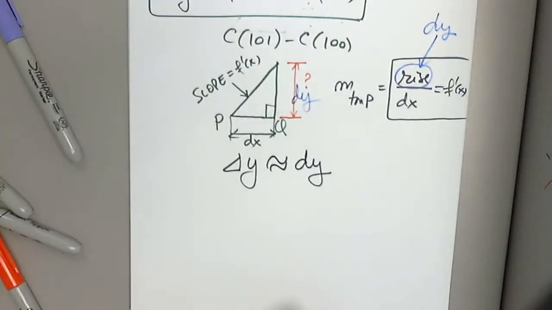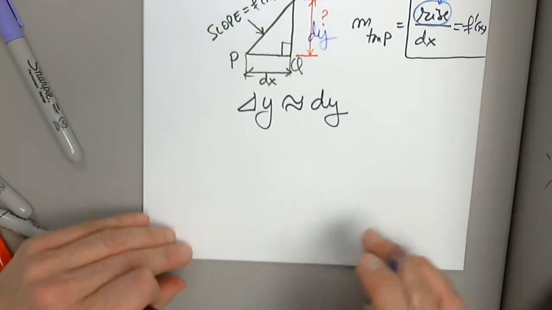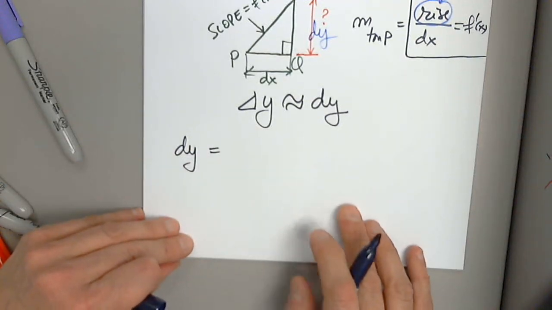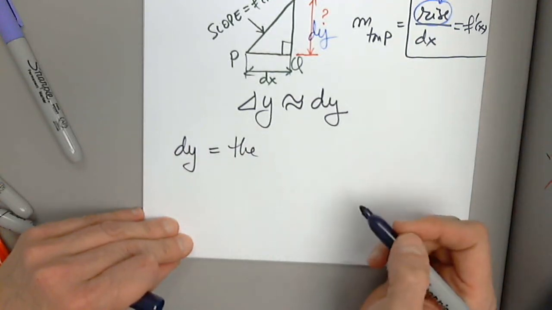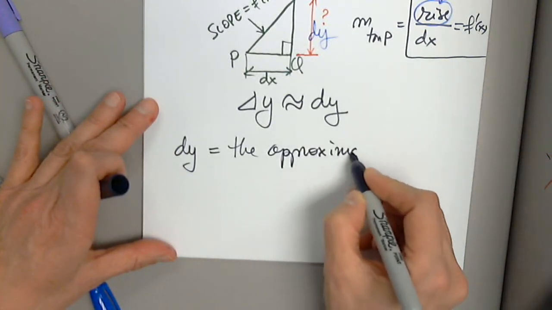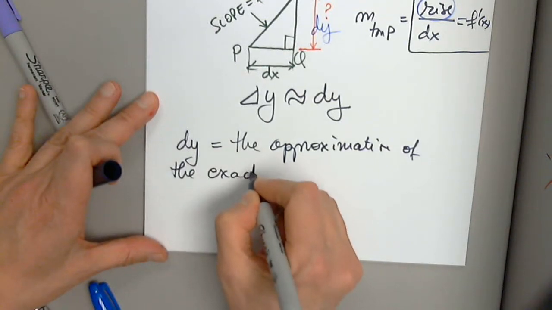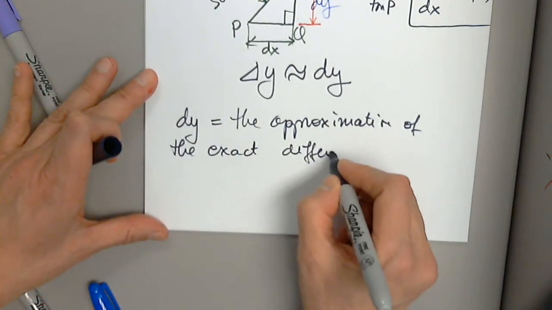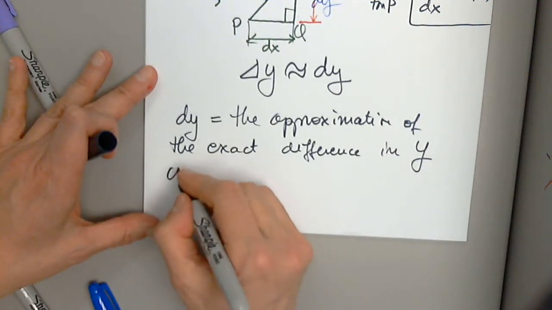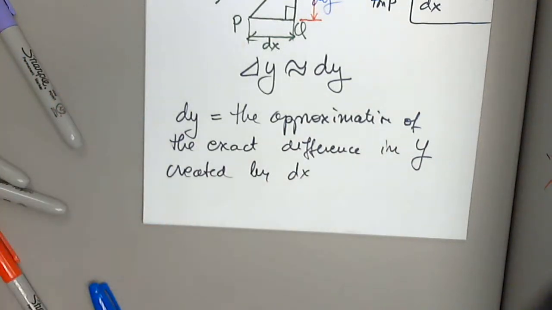So let's write in words what dy represents, because we did not write it yet. dy is the approximation, I should say, of the exact difference in the y, or the function, created by a change in x.